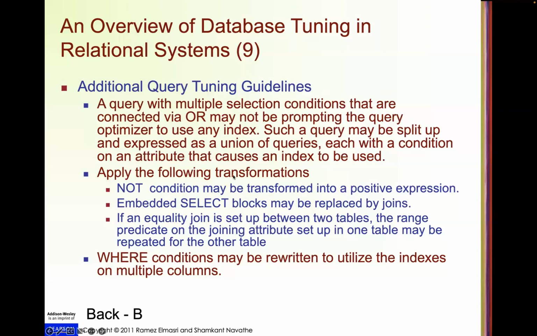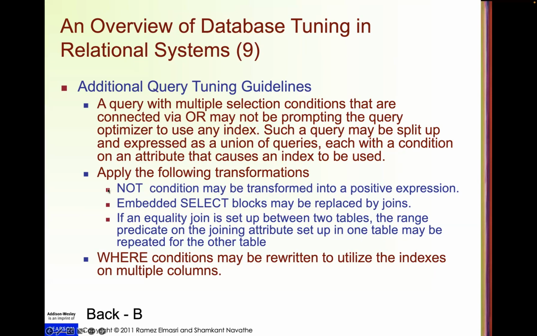Okay, the second one, apply the following transformation. A NOT condition may be transformed into a positive expression. Now, we have an operator called NOT. We can say select all the students with GPA not 4. For example, it is going to return the students whose GPA is not equal to 4, maybe less than that, maybe more than that.